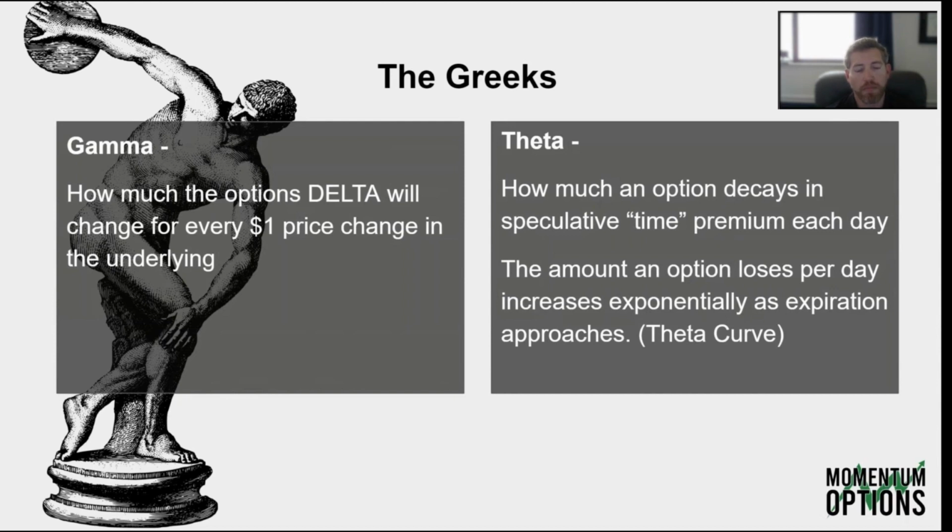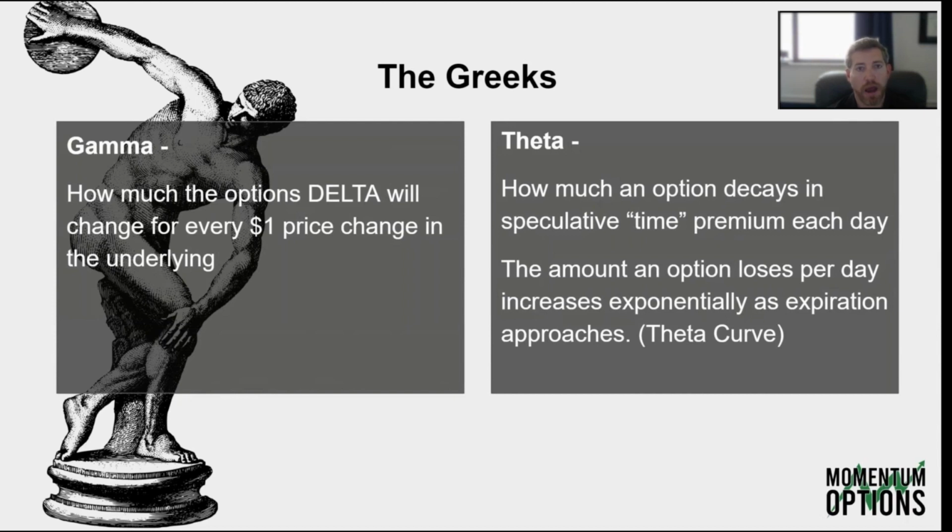So the closer you are to expiration, the higher your gamma. An option that is expiring today, a 50 delta option that is expiring today, will have a significantly higher gamma than a 50 delta option that expires in 3 months.